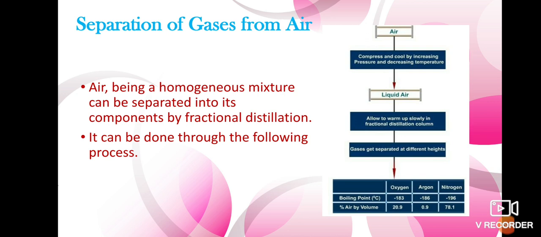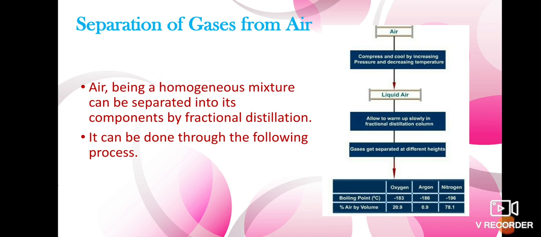Already we know that air is a homogeneous mixture, a mixture of so many elements, compounds, dust particles, everything. So we can separate this homogeneous mixture, air, by using the fractional distillation process.